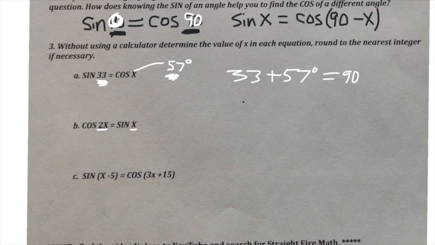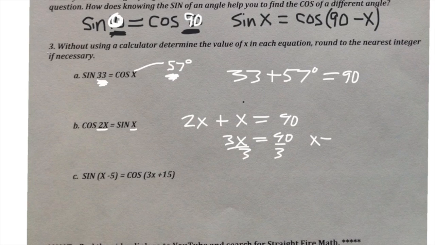So in this picture here, if the sine is equal to the cosine, that means that the angles will always make together 90 degrees. And if you solve this equation, you find out that x is equal to 30, and 2x would be equal to 60. And that's actually showing up on our chart as well. The cosine of 60 is the same as the sine of 30.